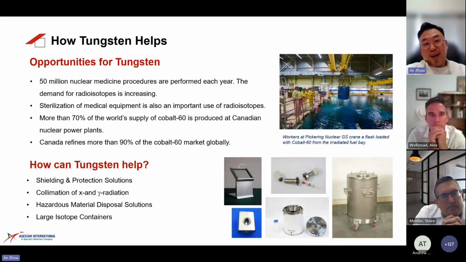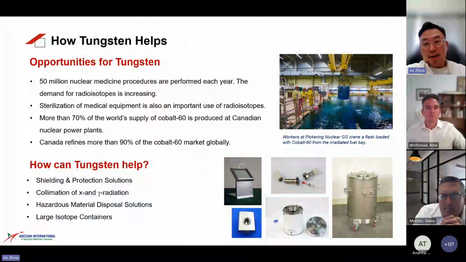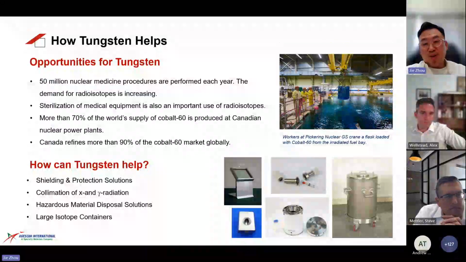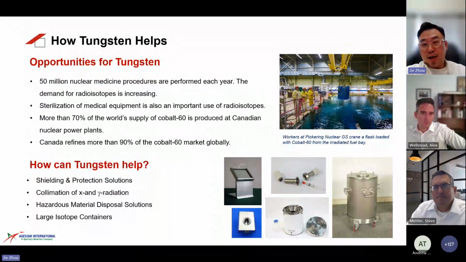So how can tungsten help in the nuclear isotope industry? Let's look at the industry itself. Based on statistics from the World Nuclear Association, over 50 million nuclear medical procedures are performed worldwide each year. Among them, 40 million use isotopes, with 30 million for diagnostics and 4 million for radiation therapy. In addition, sterilization of medical equipment is also an important use of isotopes.